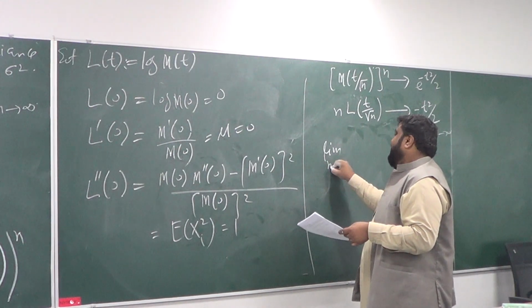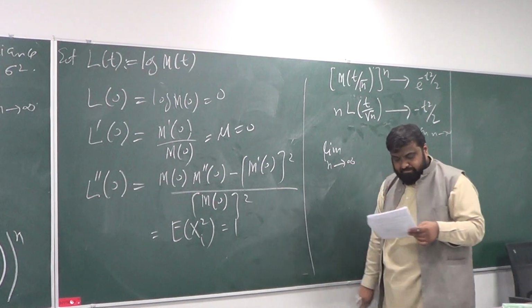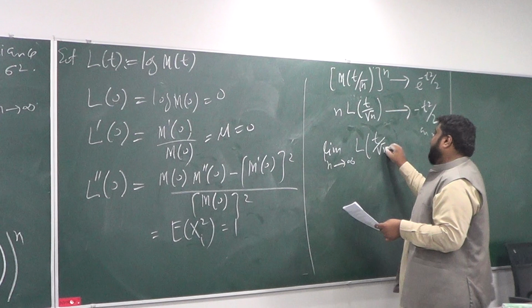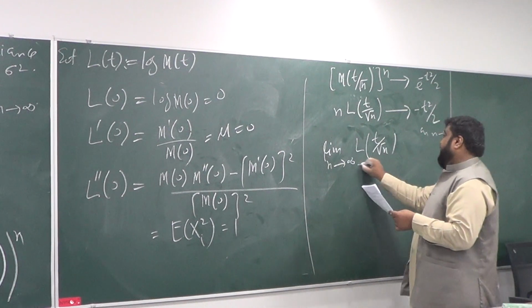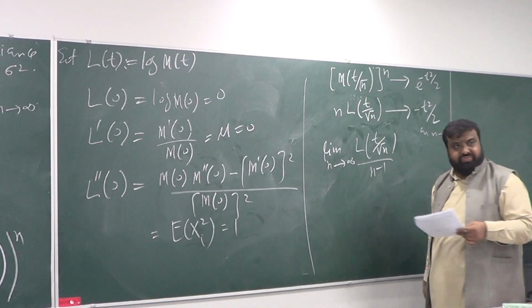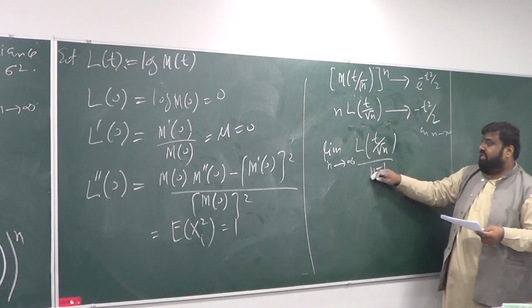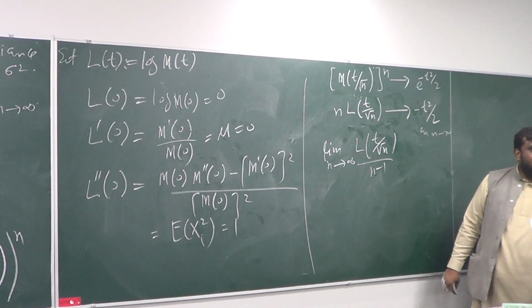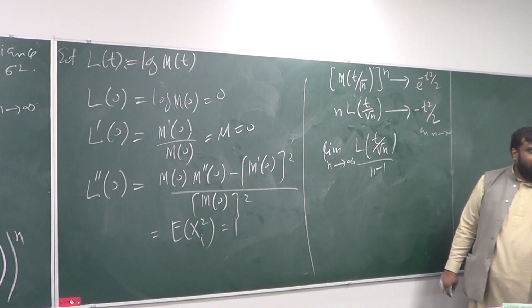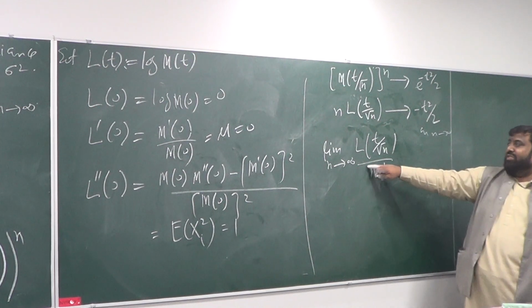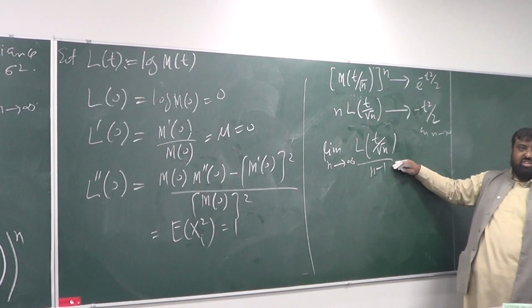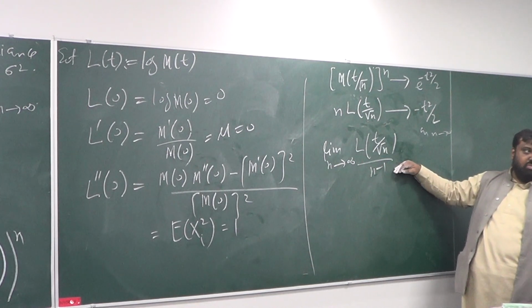So let's compute, n goes to infinity, L of t over square root of n divided by n power minus 1. The same quantity, I just took this out. And then you have to use the L'Hopital rule 2 times, because obviously if you put infinity here, things are going to explode and go to infinity, an indeterminate form.